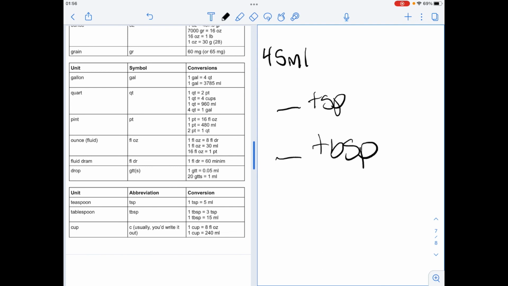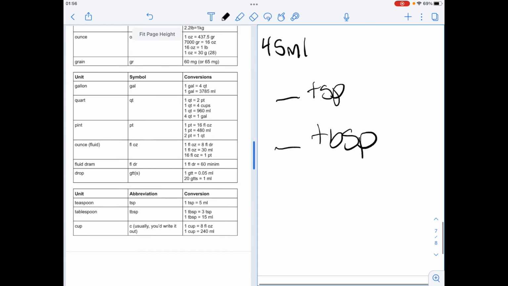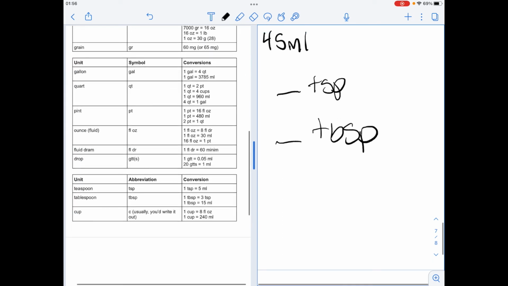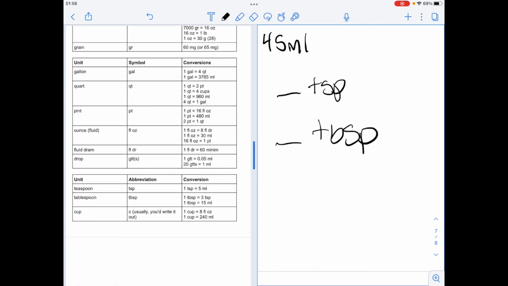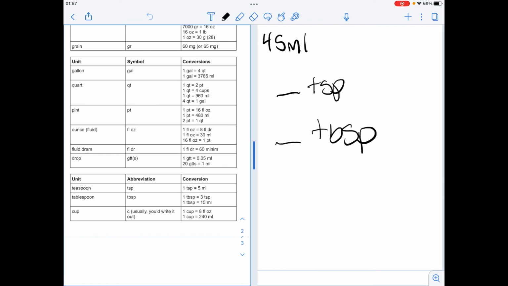So we can figure this out using ratio proportion or dimensional analysis. I'm going to show you guys ratio proportion, just because I told you that's my fave. So we're going to take our given to do this, because that's what we do with ratio proportion. So here we're going to TSP first. So here I have my conversion right here, and that would be my given.